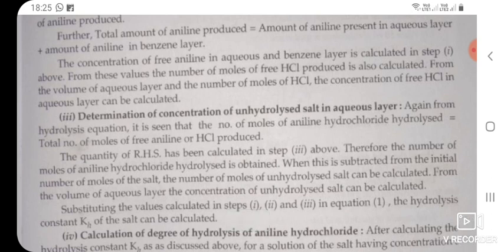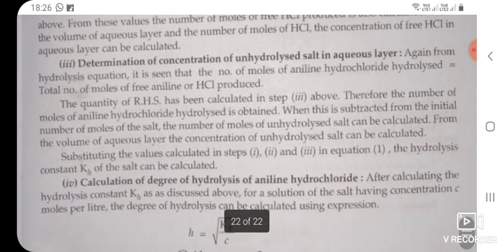The concentration of free aniline in the aqueous and benzene layers is calculated in step 1 above. From these values, the number of moles of free HCl produced is also calculated. From the volume of the aqueous layer and the number of moles of HCl, the concentration of free HCl in the aqueous layer can be calculated.